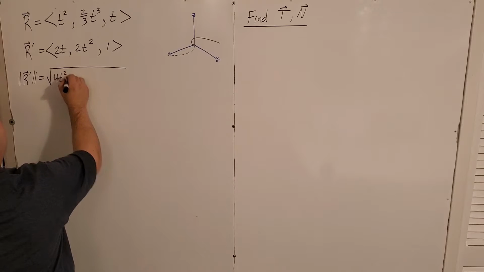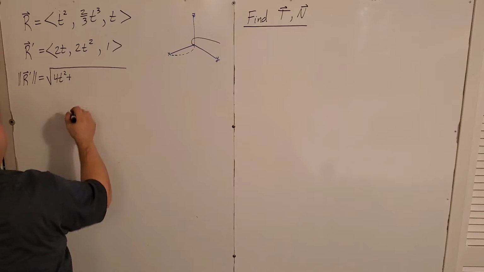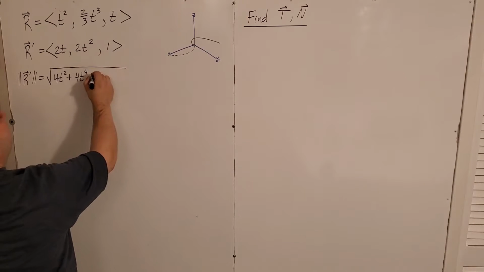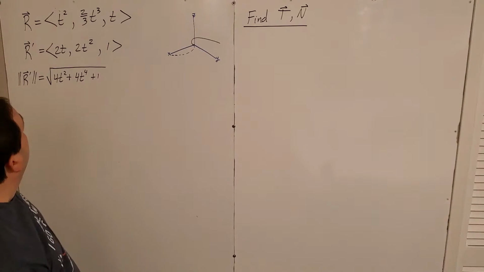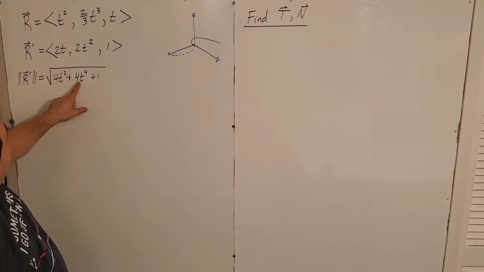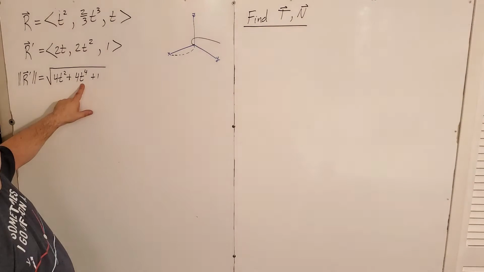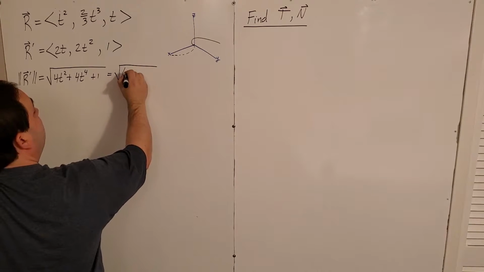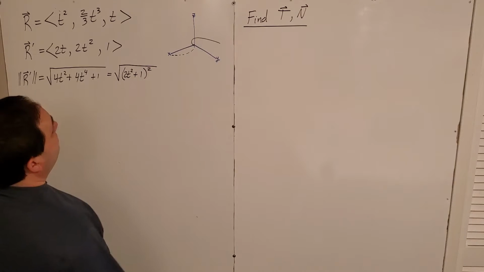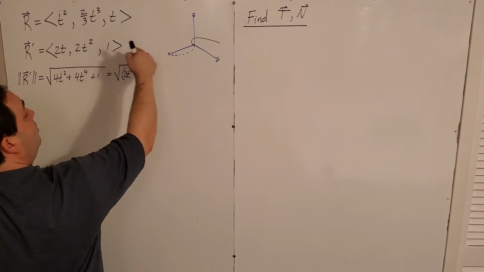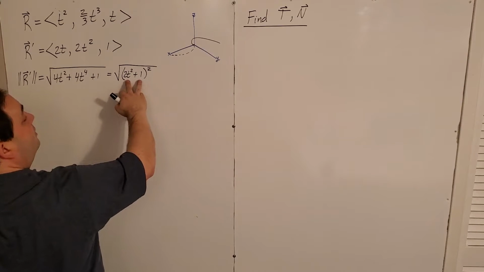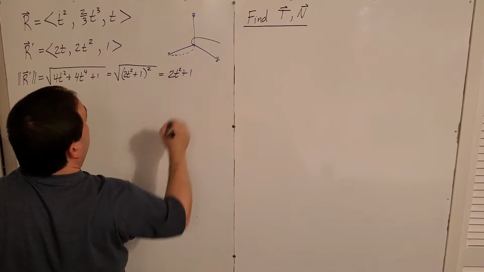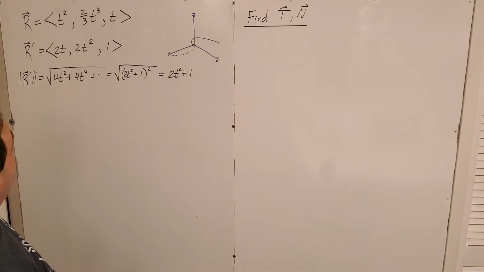So 4t squared plus 2t squared all squared, so 4t to the fourth, plus 1 squared, which is 1, right? Now it may not look like it, but if you put the 4t to the fourth in front and the 4t squared here, you can actually factor that into 2t squared plus 1 quantity squared, right? Which if I take a square root of a squared, I get an absolute value. Lucky for us, 2t squared plus 1 is always positive anyway. So I can just say 2t squared plus 1 is the length of my tangent vector there.